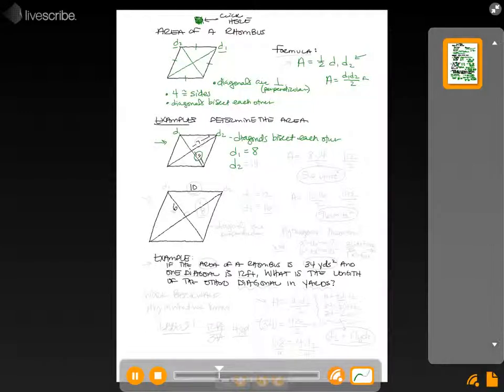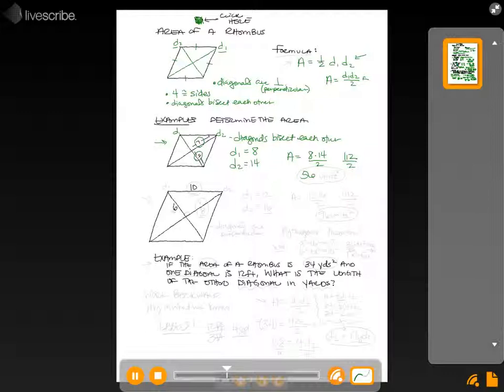Same thing's going to happen with D2. Half of our diagonal is 7, so the whole diagonal would be 14. And then we can put that into our formula. The area equals, I'm going to do the problem the second way I wrote it: multiply my two diagonals together, and then divide by 2. 8 times 14 is 112, and 112 divided by 2 gives us 56.